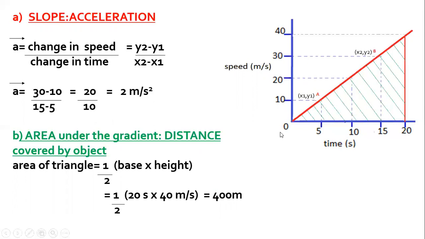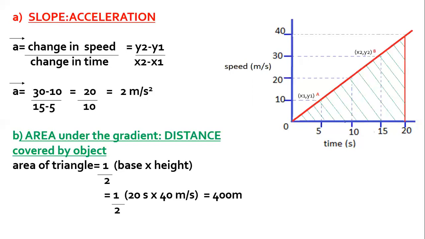Area under the gradient will give me the distance covered by the cyclist. So if you see over here, this green shaded area will give me the distance covered. I will be using the formula of the triangle because the geometrical shape I'm getting is a triangle. As already learned in previous classes, the area of a triangle is equal to half into base into height.